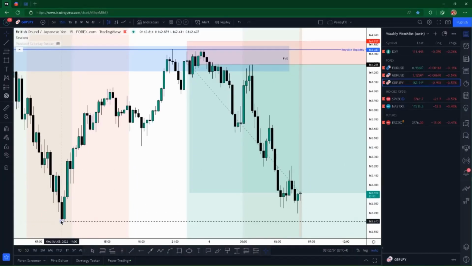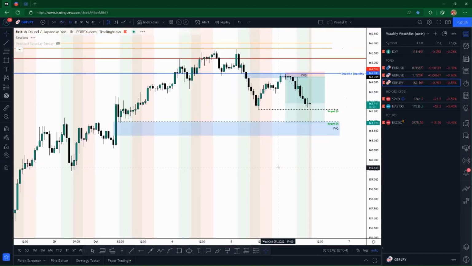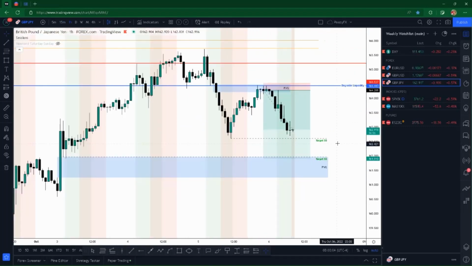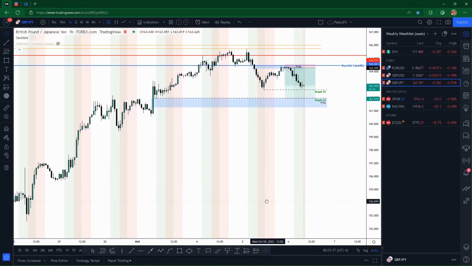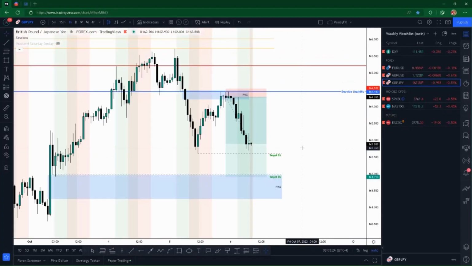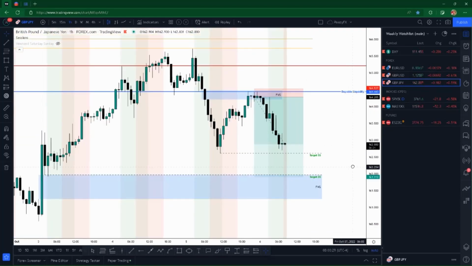This is an area where I'm going to close partials at previous day's low. And I'll probably go ahead and close this trade out as price digs down into this fair value gap. I'm not 100% decided on that yet because I do feel like price is going to eventually reach down here, maybe for NFP, I don't know.